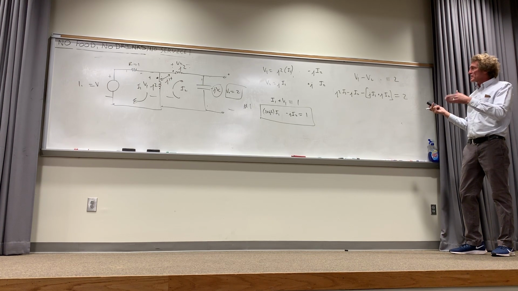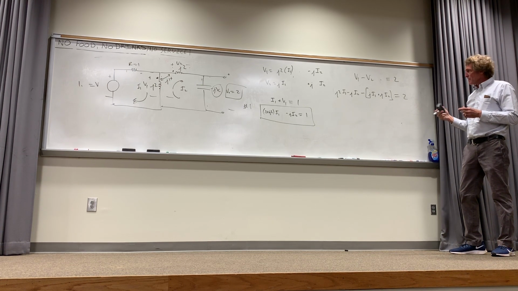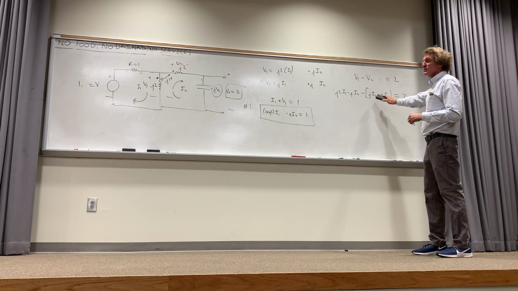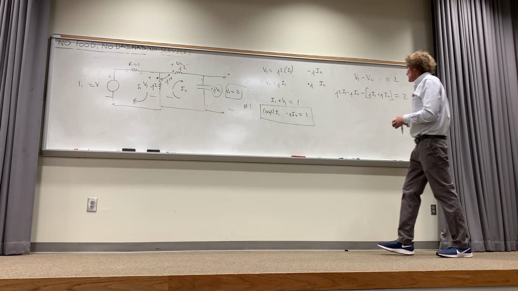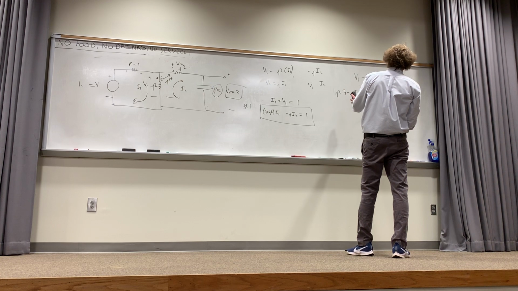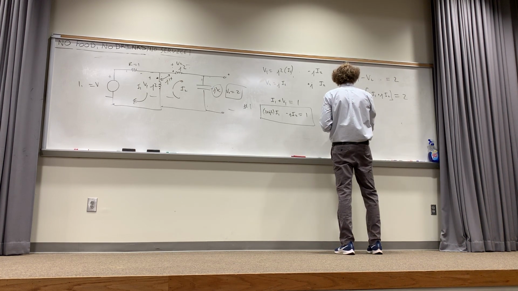When I do this, next I group the coefficients of I1, right? And I can see here for I1, I have J2 and minus J are just J, correct? So for I1, I have JI1.